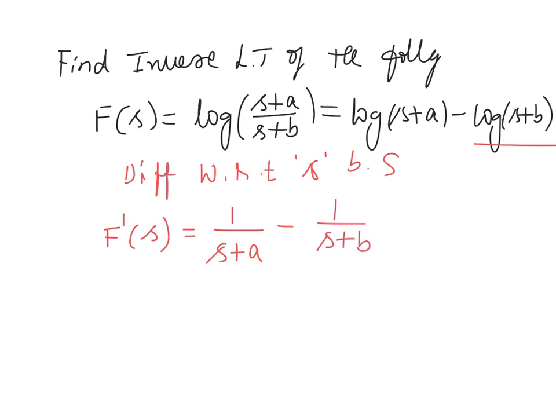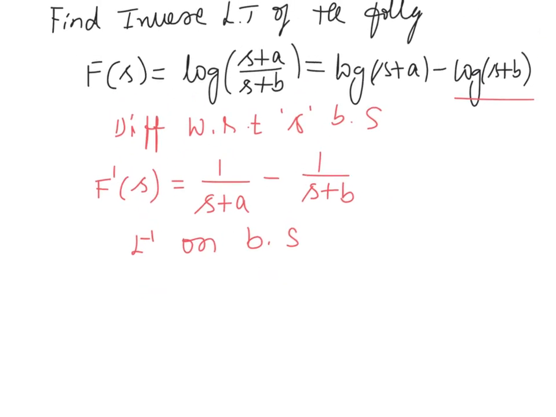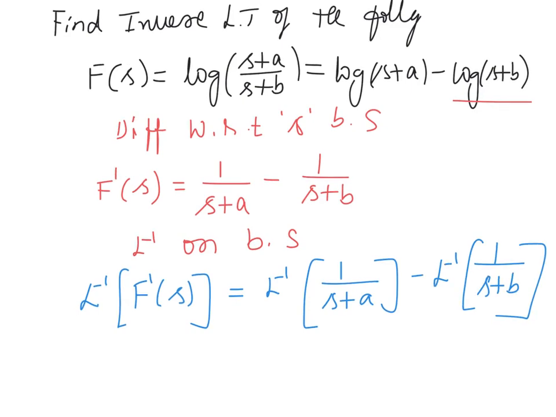Now just confirm: can you obtain the inverse Laplace transform of 1/(s+a)? Yes. So now you take the inverse Laplace transform on both sides. Once you confirm the right-hand side is in the standard format, we apply the inverse Laplace transform on both sides. The inverse Laplace transform of F'(s) is, on the right side, the inverse Laplace transform of 1/(s+a) minus the inverse Laplace transform of 1/(s+b).